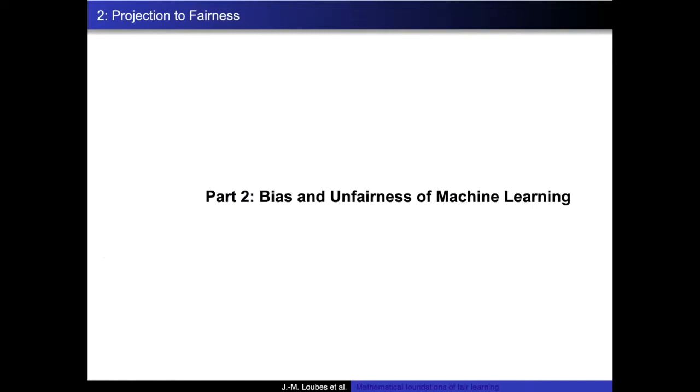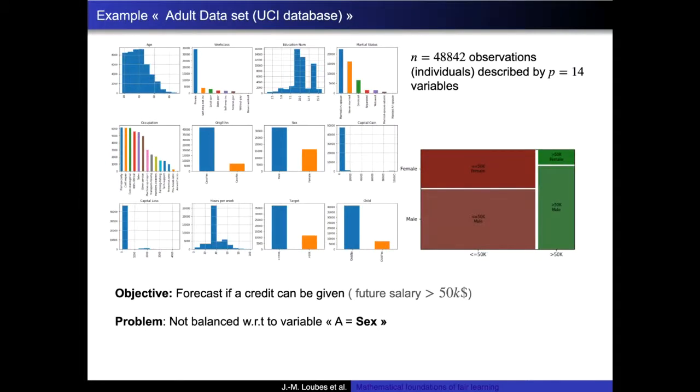So you see, bias and unfairness is a very difficult issue to deal with. So just another example, which is a very famous example based on a well-known data set, which is the adult data set. It's from the UCI database. Just to show you how this issue of bias works. In this standard data, your aim is to forecast if a loan can be given.